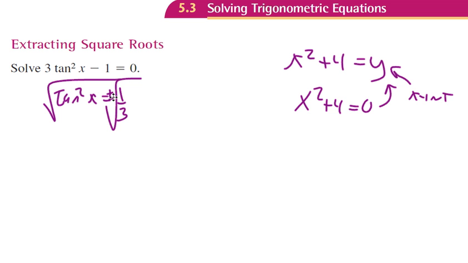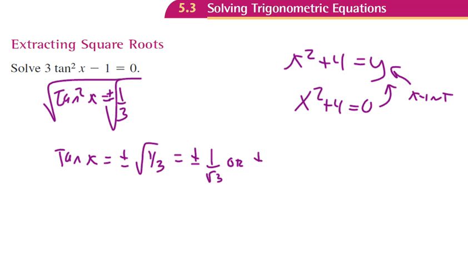So you need to put a plus or minus right here. So it'll be tangent of x equals plus or minus radical 1/3, which is the same thing as plus or minus 1 over radical 3. Or if you don't want the radical in the denominator, plus or minus radical 3 over 3. Okay?